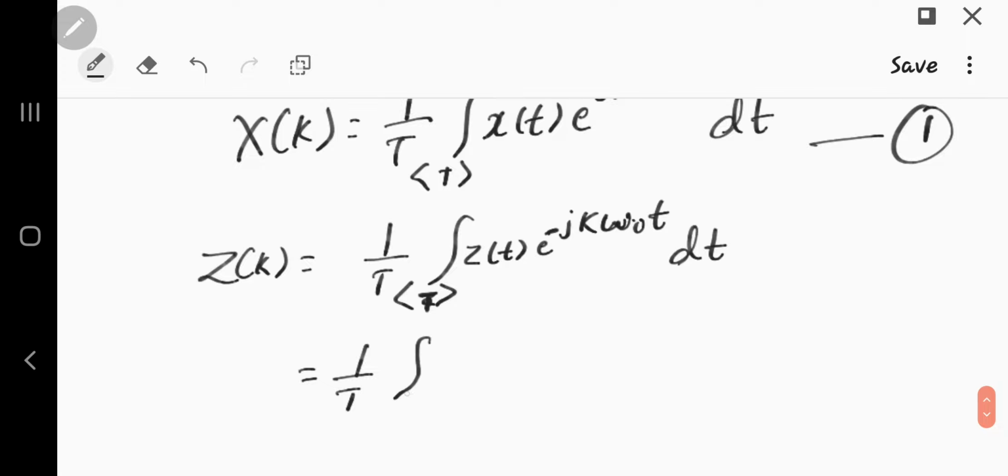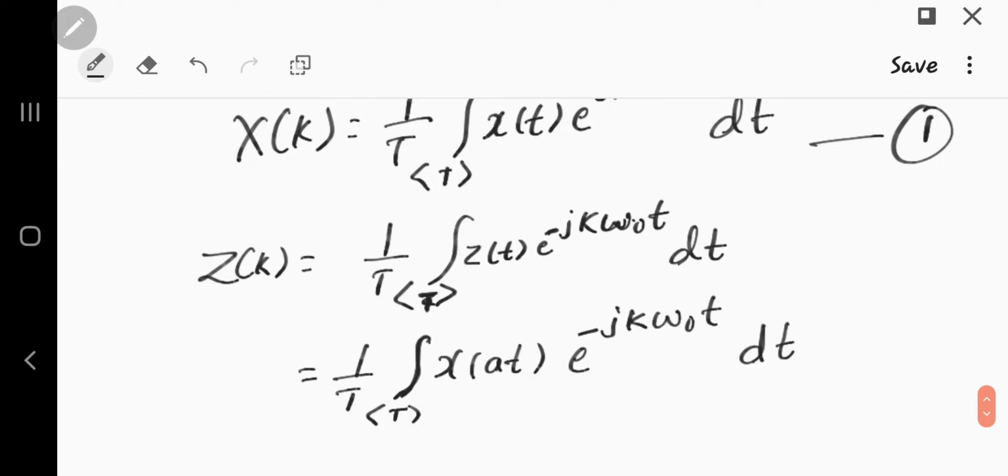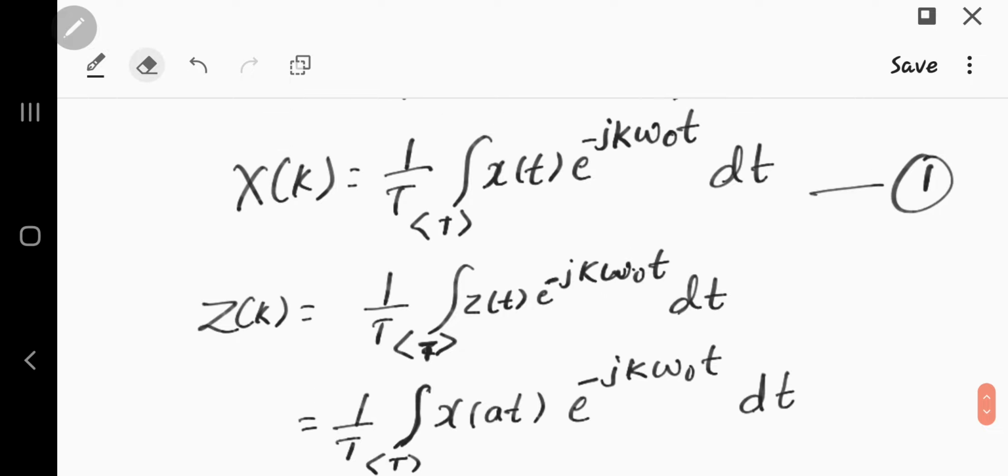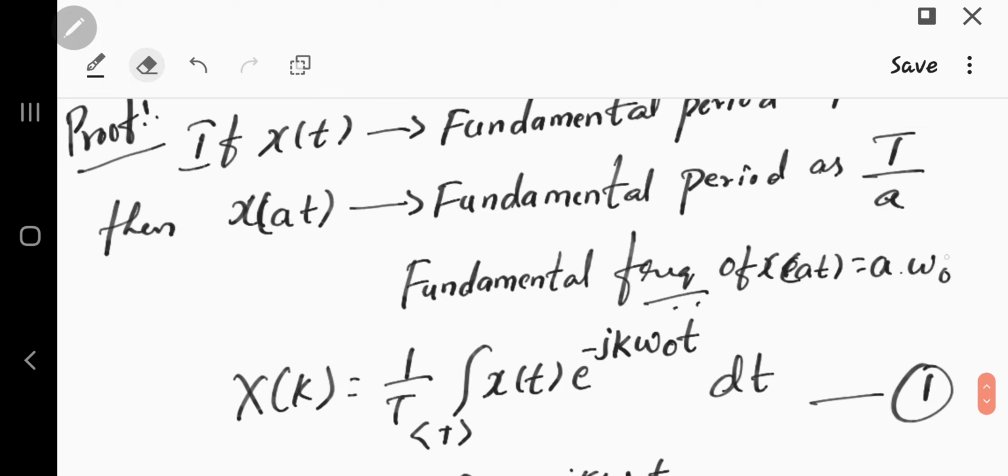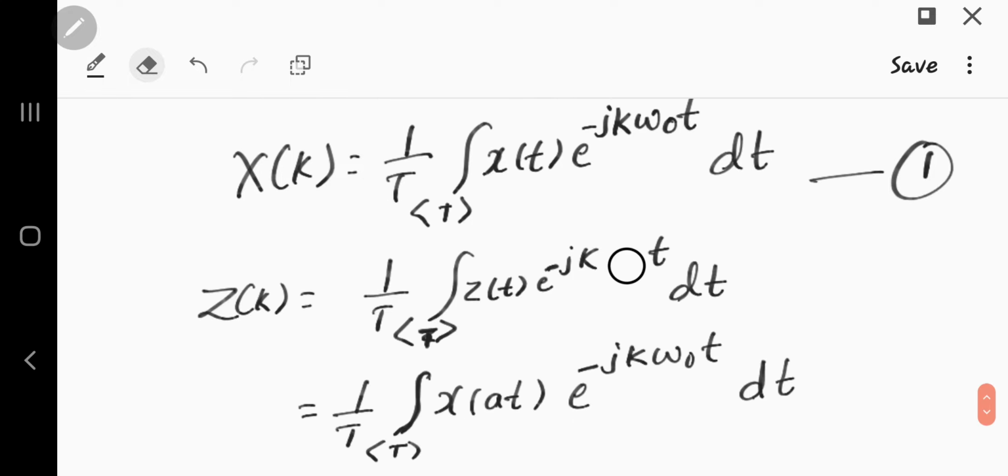So what is z of t? Z of t is x of at, and as I mentioned, this omega naught for x of at will be a into omega naught. So that's why we have to write this as k a omega naught t, and the same applies here as well.